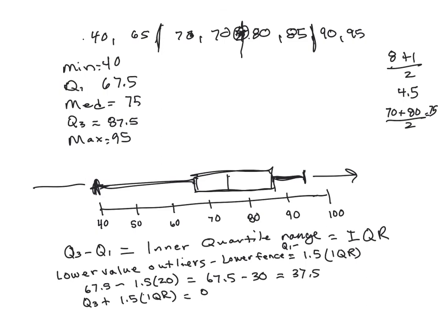Q3 is 87.5, and this time it's plus 30. So we'd have to have a score of 117.5. Close enough, but you can see we don't have that.